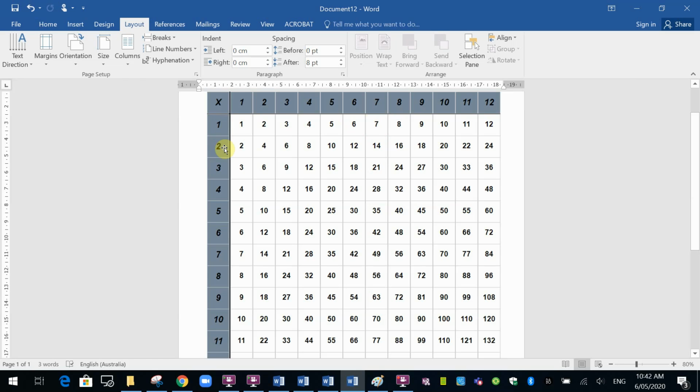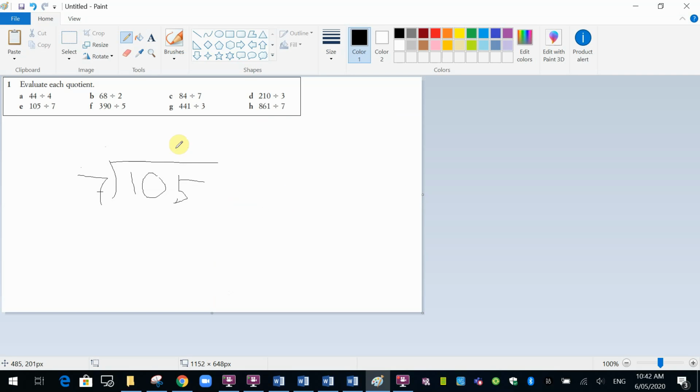So that's what we put, 1. 7. So that takes us to 7. Well, we've got 3 left over. So that's where we'll put the 3 left over. Now that means that 7 times 1 is 7, plus 3 is 10. So now we've got our 10 taken care of, and we've got 3 left over.